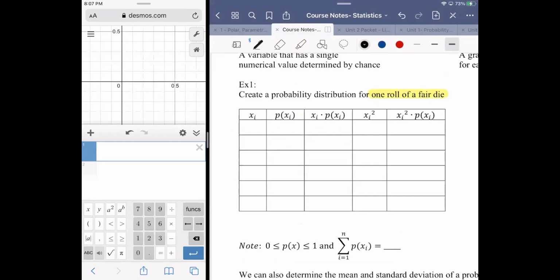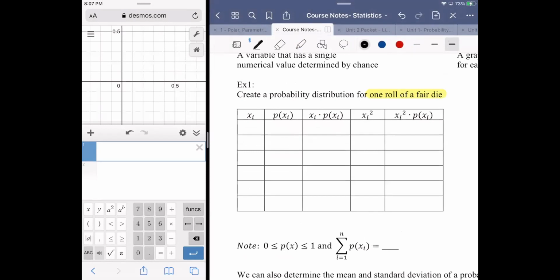You think about the different ways in which you could have an outcome for one roll of a fair die. You can get a 1, 2, 3, 4, 5, or 6. All those outcomes are equally likely, which means you have a 1 in 6 chance of getting a 1, a 1 in 6 chance of getting a 2, a 3, a 4, a 5, a 6.